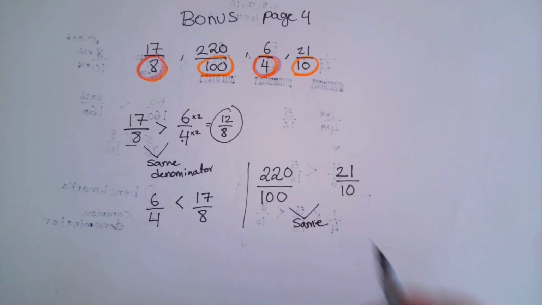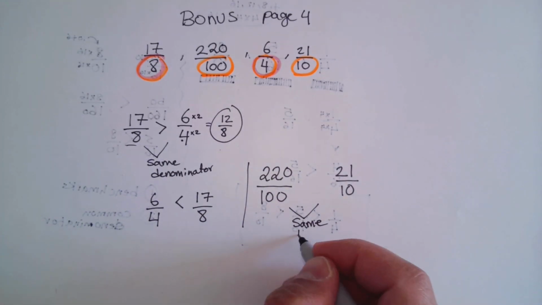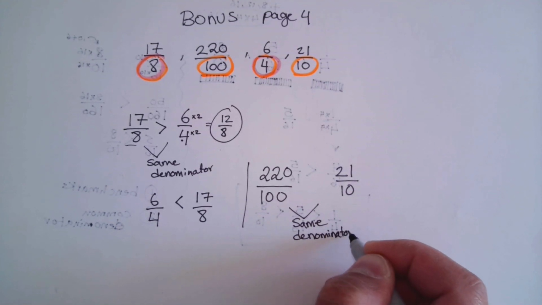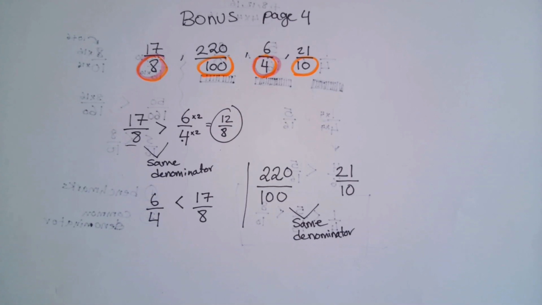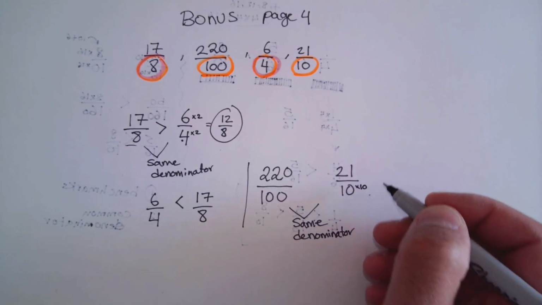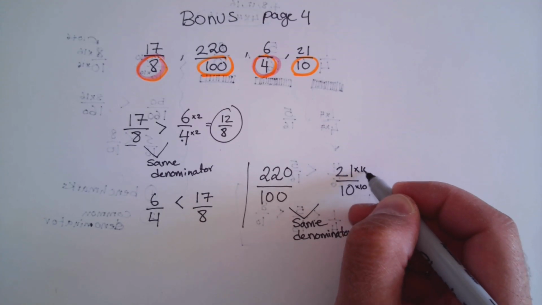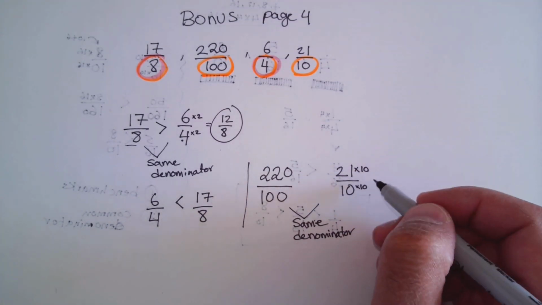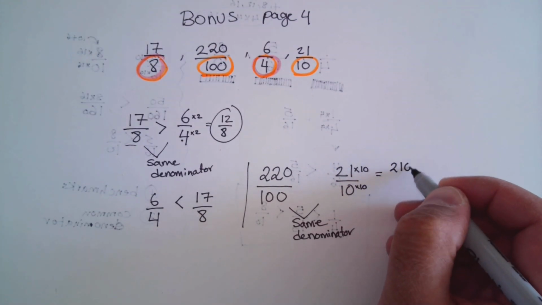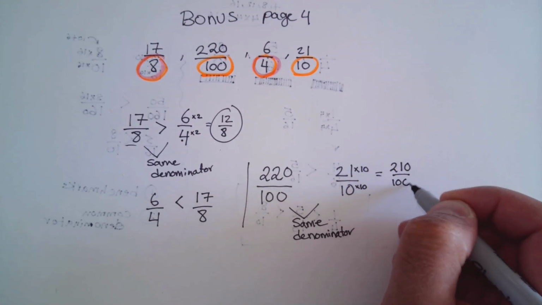Let's convert them into the same denominator, make them be of the same partition. So we're going to take each tenth and times it by 10, break it into 10 more. So this is going to give us 210 pieces of hundredths.